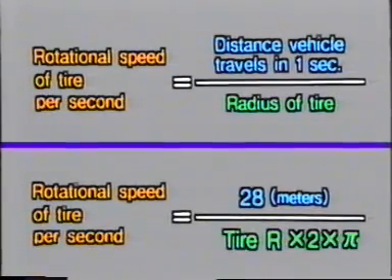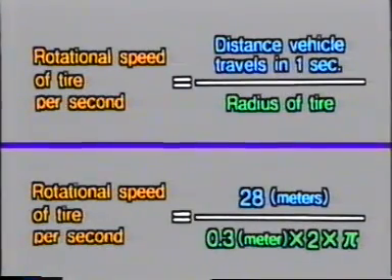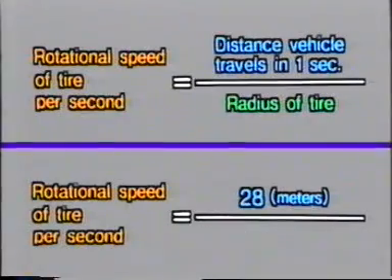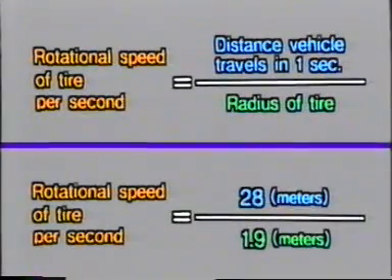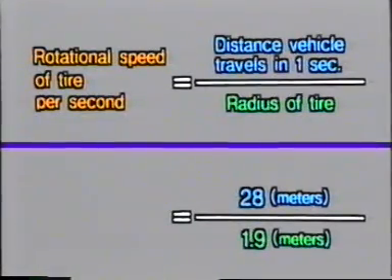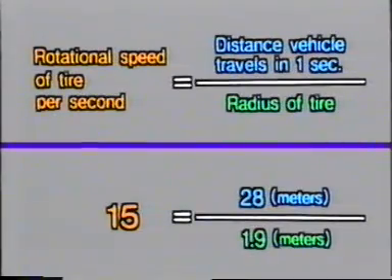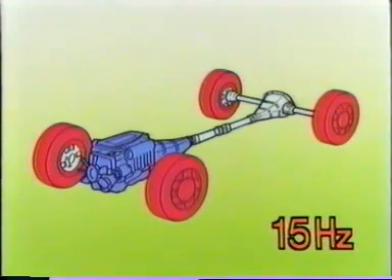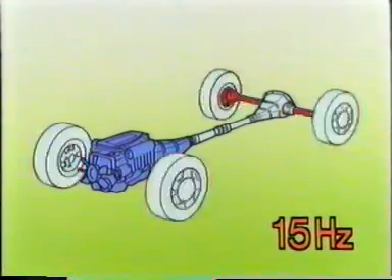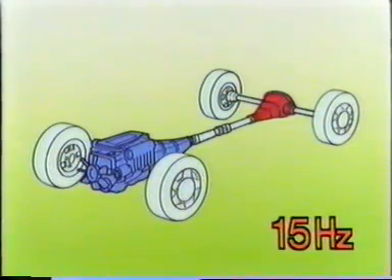Assuming that the radius of the tire is 0.3 meters, the tire circumference will be 1.9 meters. Therefore, we can conclude that the tire turns 15 times per second. If a tire has become unbalanced or run out, it will cause a 15 Hertz vibration. The same can be said about the drive shaft or the differential ring gear.